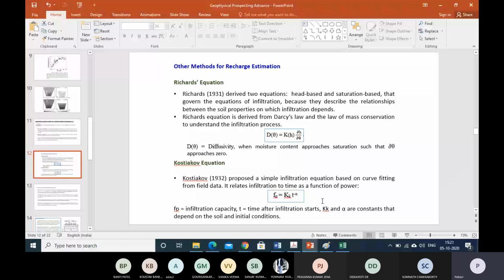Evapotranspiration is a very, very complicated phenomenon. It depends on wind speed, day temperature, sunlight hours. So lots of things on which evapotranspiration depends.